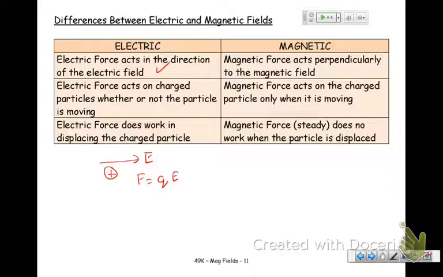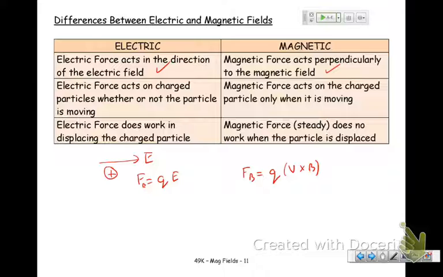For a magnetic field, FB is equal to Q V cross B. So kind of different. This is FE. The magnetic force acts perpendicular to the magnetic field.